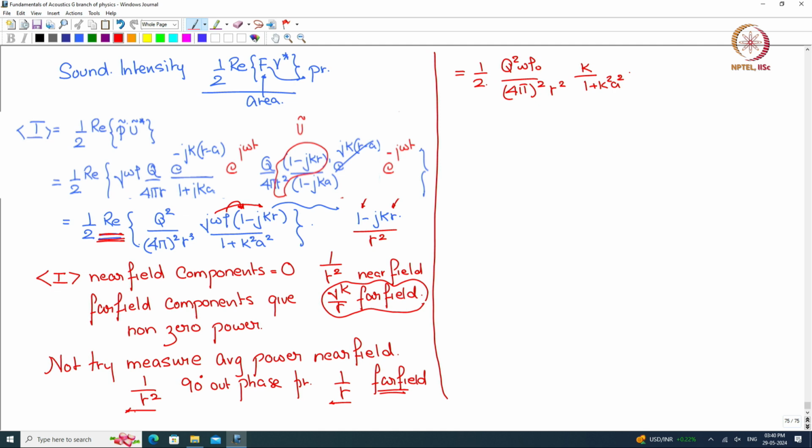Now what is the idea you should take away after so much? One is that if ka is much bigger than 1, the acoustic impedance is real and the source sees a real impedance. The pulsating sphere sees a real impedance and sound radiation is efficient.